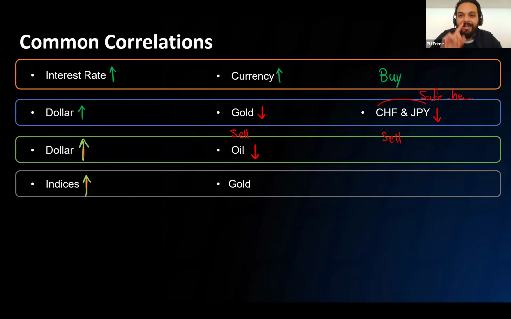So guys, if the indices are going up, now here, the indices reflect what? The indices reflect the stock market. Can you tell me when the stock market is doing well? When the economy is doing bad or when the economy is doing well? What do you think?